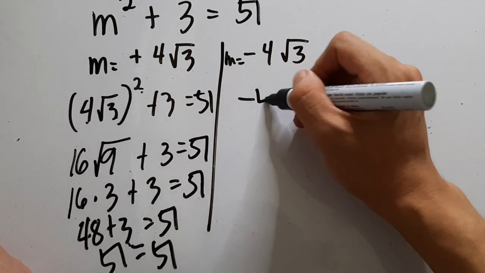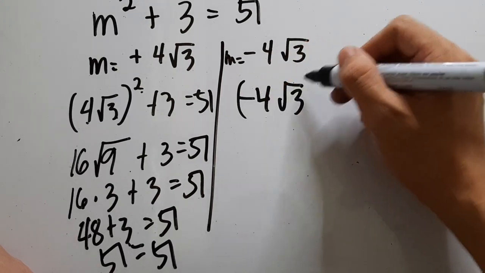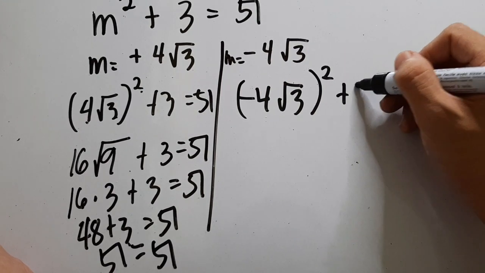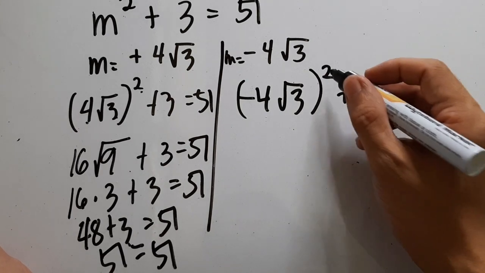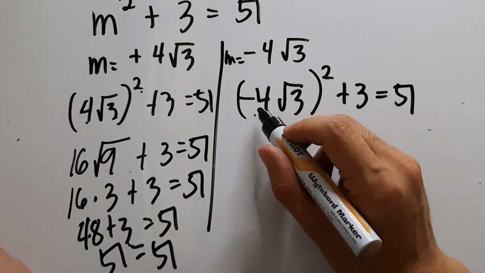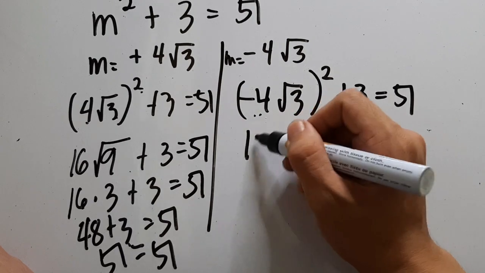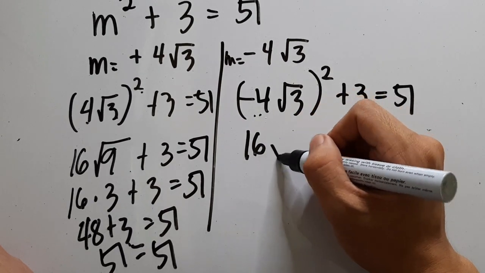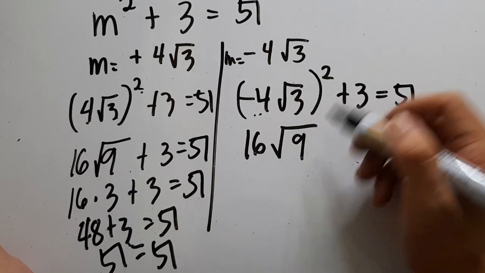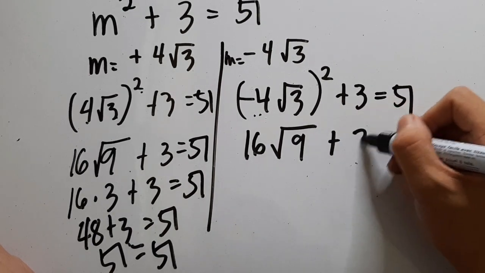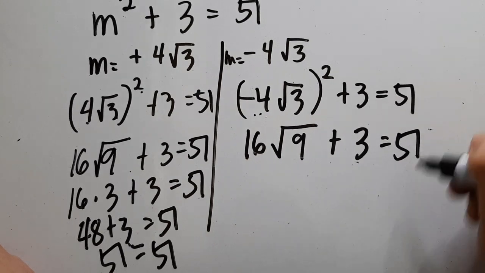So we have negative 4 square root of 3 square plus 3 equals 51. So same nung kanina. Negative 4 multiplied by negative 4, it will become positive 16. And then the square root of 3 times 3 is 9. So we have plus 3 equals 51.